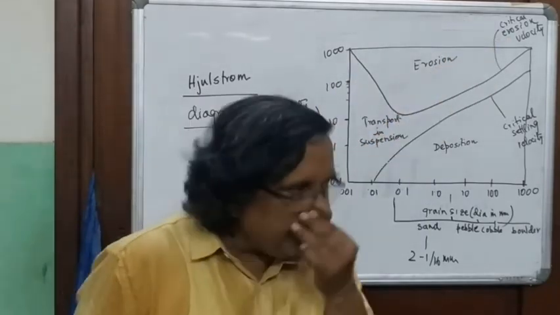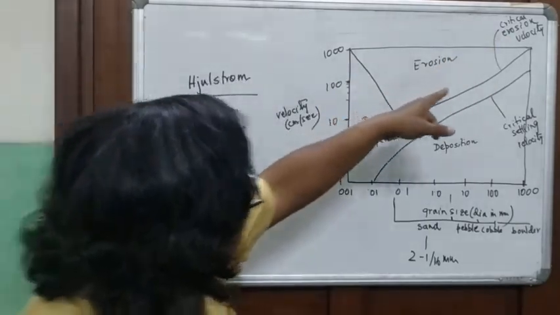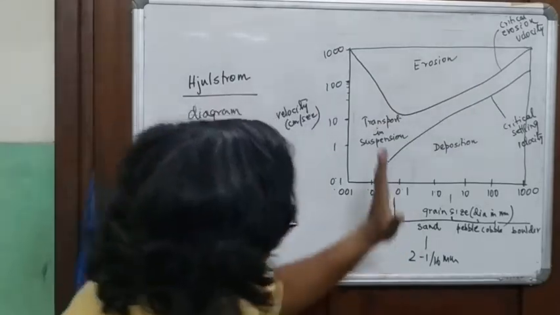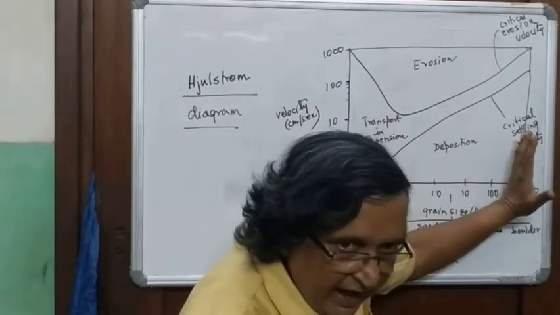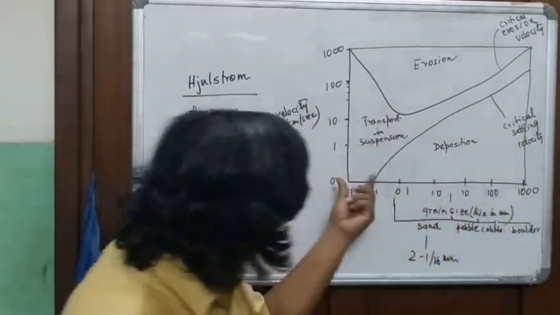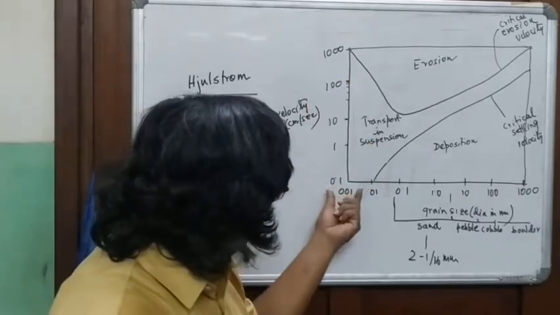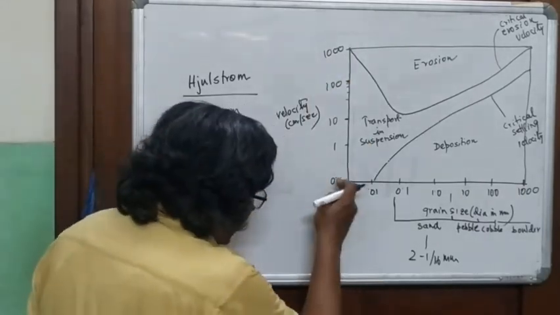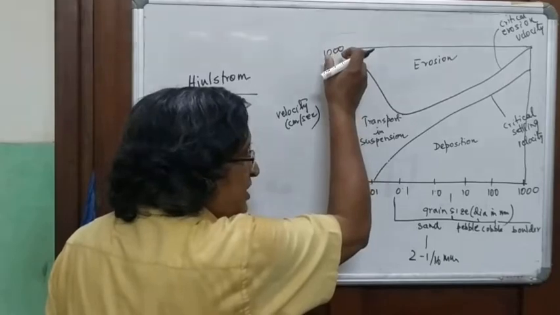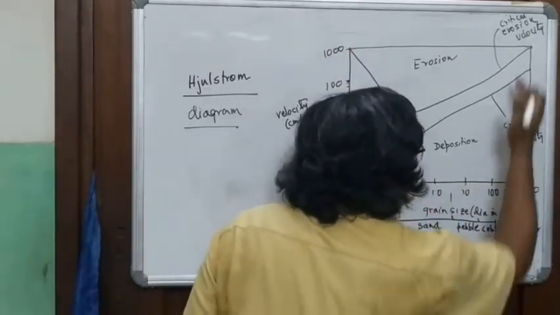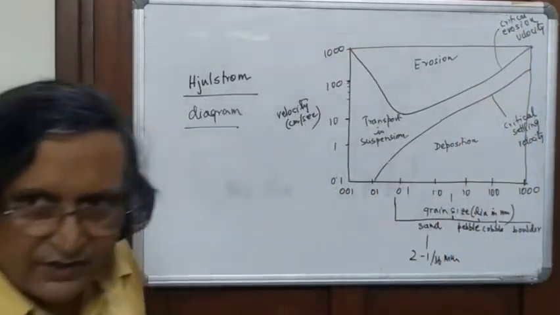So you can see the erosion velocity increases for both larger and smaller grains. The smaller the grain, the more the erosion velocity increases. The larger the grain, the more the erosion velocity increases.